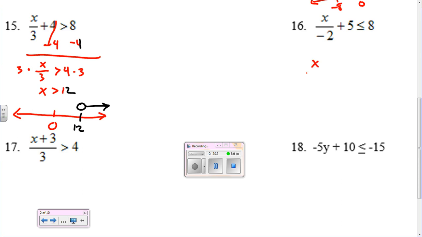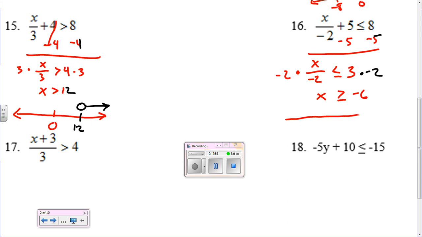Number 16, x over negative 2. Gonna have to subtract this 5. Look at me trying to skip steps already. Gives you x over negative 2 is less than or equal to 3. Multiply both sides by negative 2. You multiply by a negative, the inequality flips. You get x is greater than or equal to negative 6.